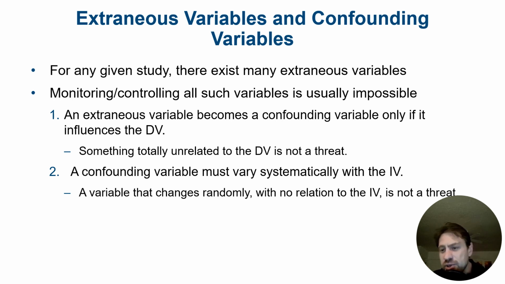So room temperature may only be a problem if it differs systematically between your conditions. So it is your job as a researcher to identify these potential threats, these potential confounding variables, and to neutralize them by using the proper controls.